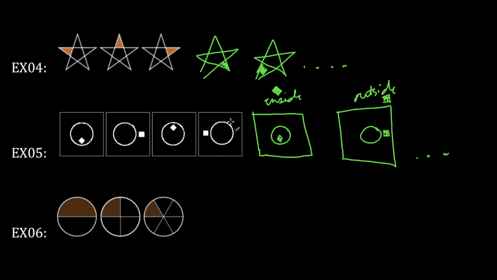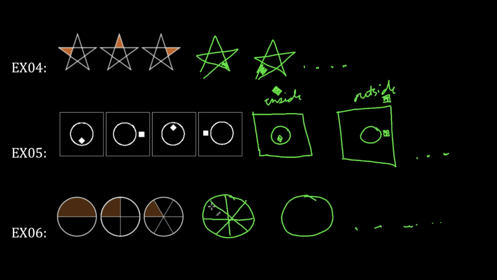So in this example number 6, we have 3 circles. Let me try it out a little bit. It's not going to be perfect. And let me try another one. And we continue. So this is broken up into 2, and then 4, and then 6. I imagine this one's going to be 8 pieces. 1, 2, 3, 4, 5, 7, 8.